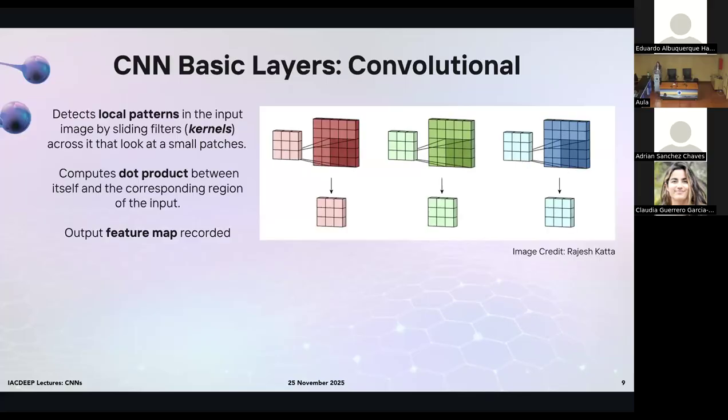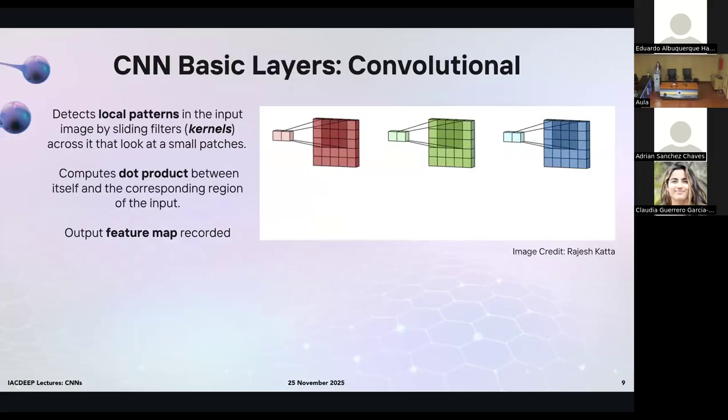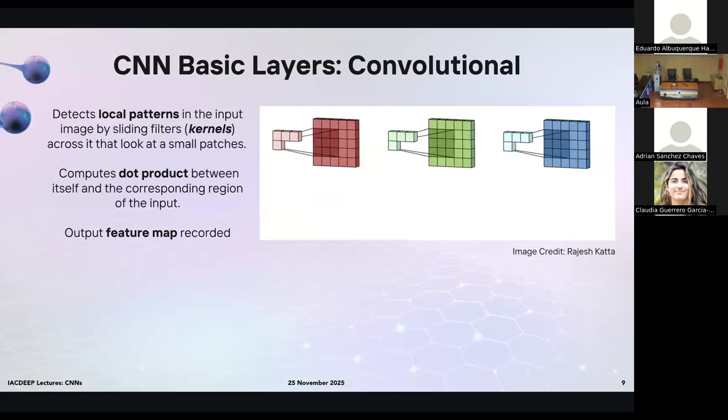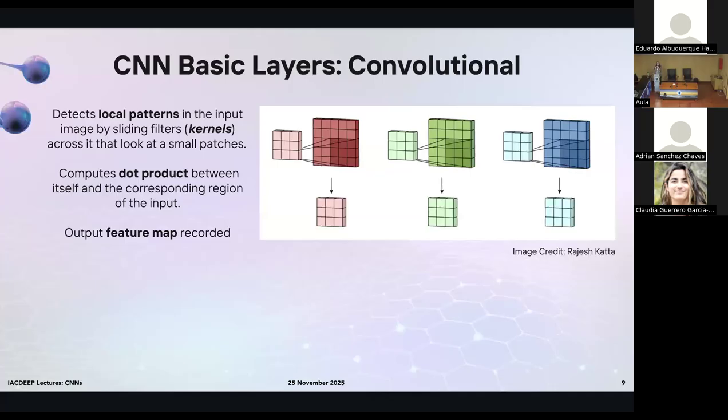Starting with convolutional, the way this works is you have an input image of some size. You select a filter or a kernel, which is basically a smaller image that slides across the input image. Every time it does that, it's doing a convolution.